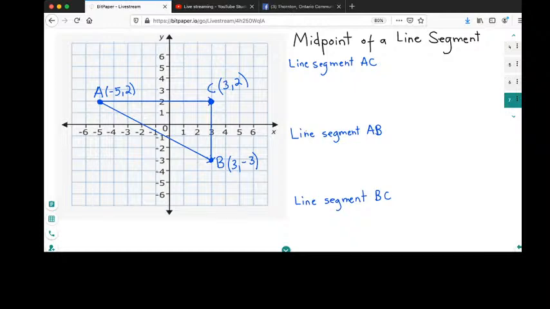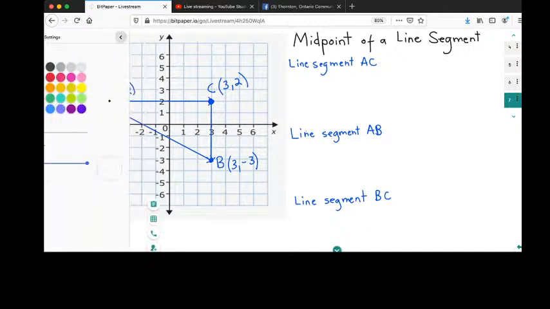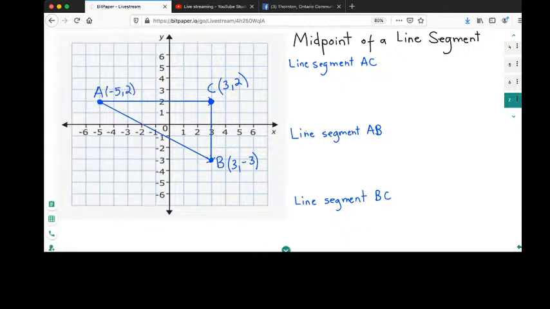And if we recall our midpoint formula, it is as follows. I'm going to write it down here so we can refer to it.